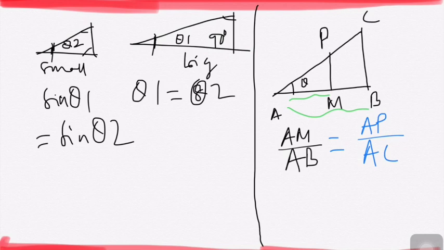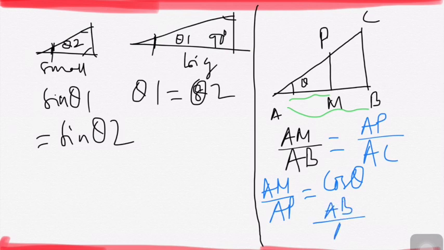And what do we know that AM by AP is nothing but cos theta, and AB by AC is also cos theta.